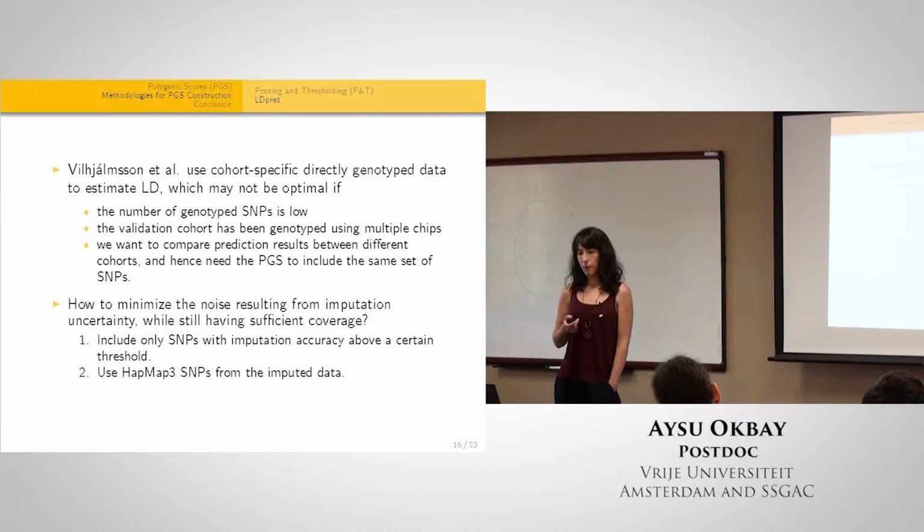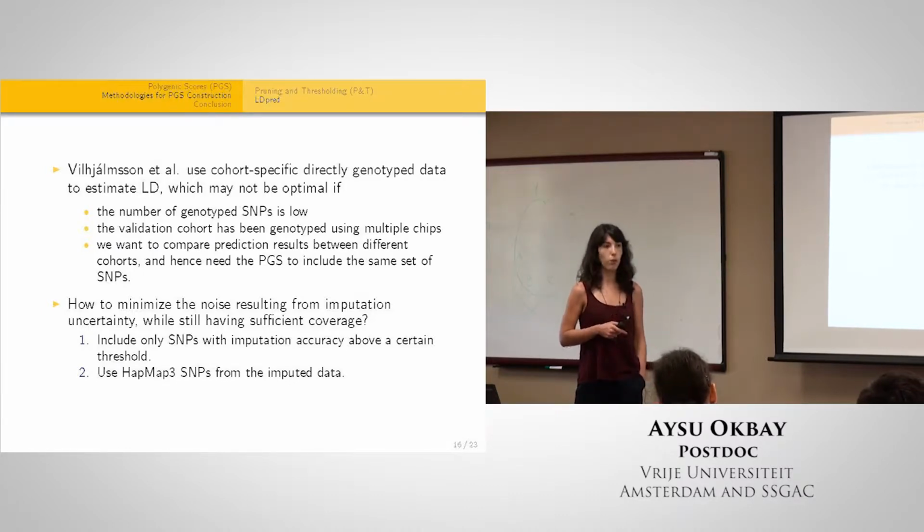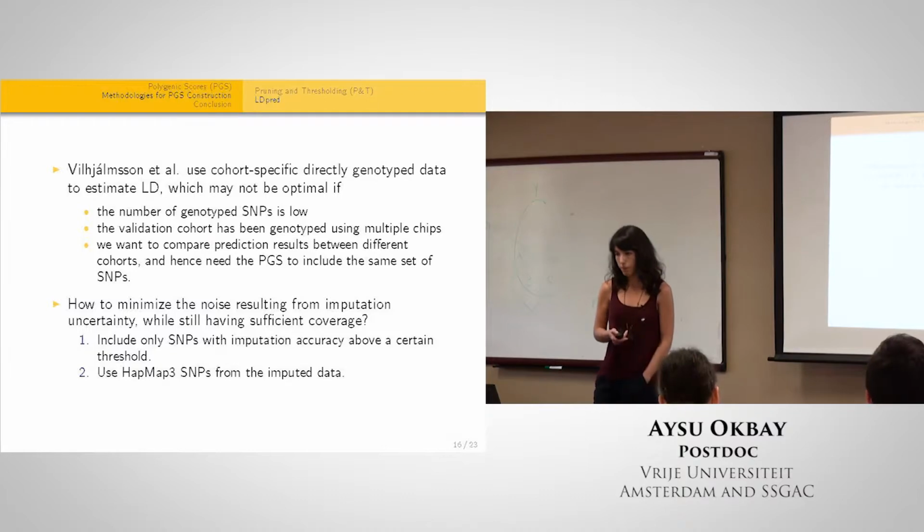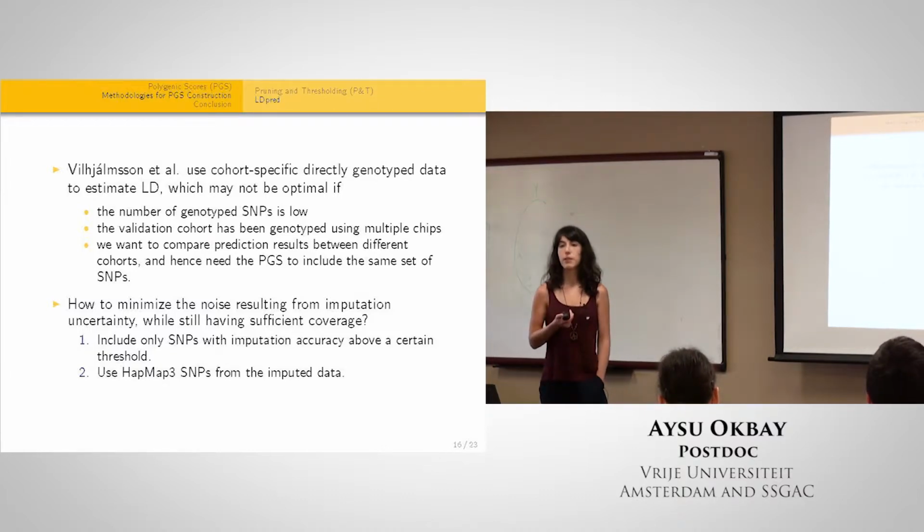In the LD-pred paper, they suggest using the directly genotyped data from your prediction cohort, or your validation cohort. That's useful because you don't need additional individual-level genotype data. But it may not be optimal, first, if the number of genotyped SNPs is very low. If you have like 300,000 genotyped SNPs, you're just going to have that many SNPs in your score, which may not give sufficient coverage.